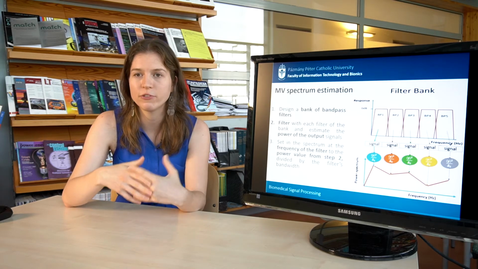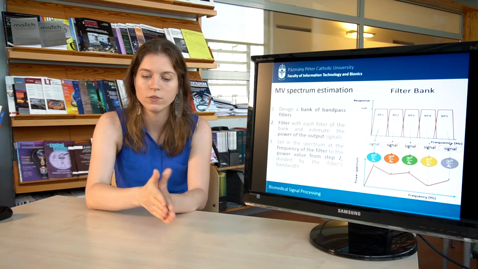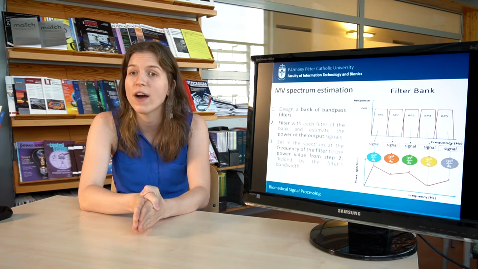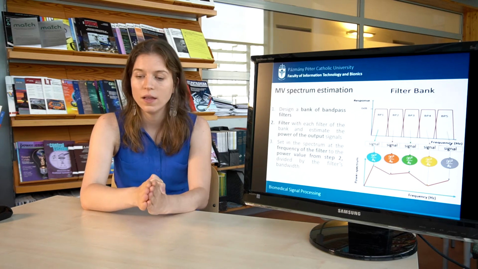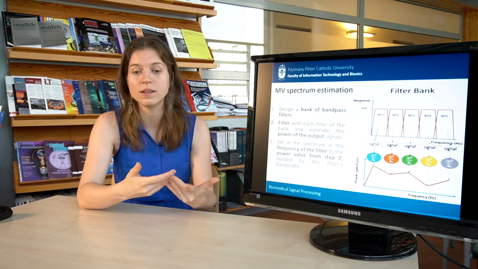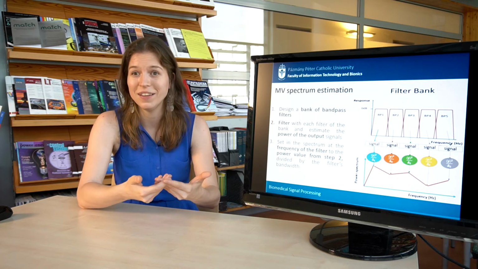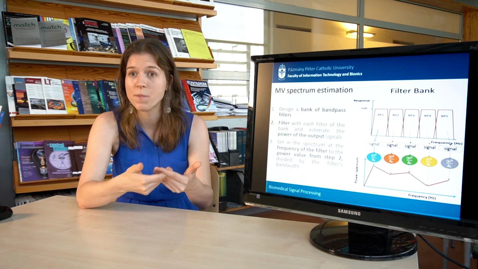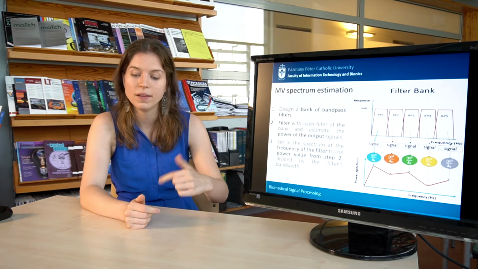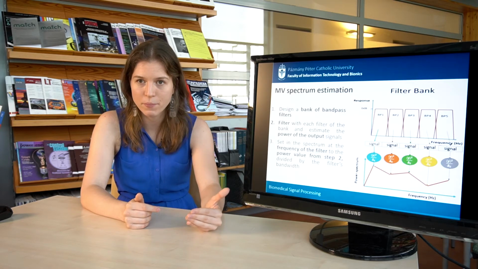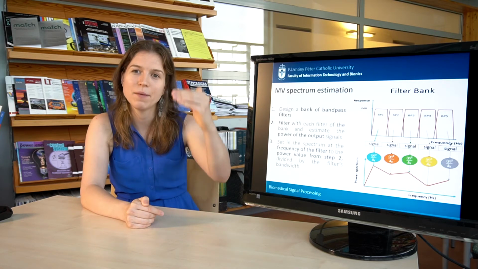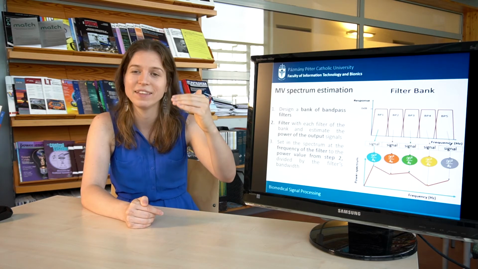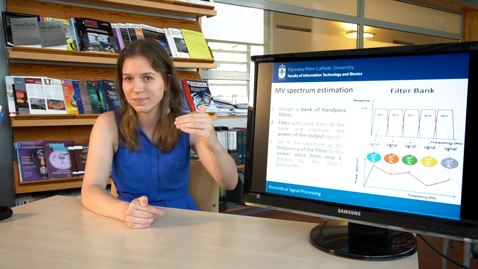So you filter your signal with, let's say, a 0 to 5 hertz filter. For this output signal, which now only has the 0 to 5 hertz components, you take its power, and you give this number as the amplitude of the spectrum at that given frequency point.